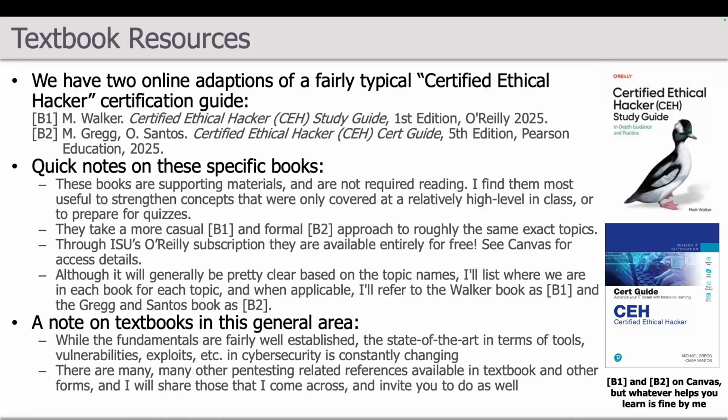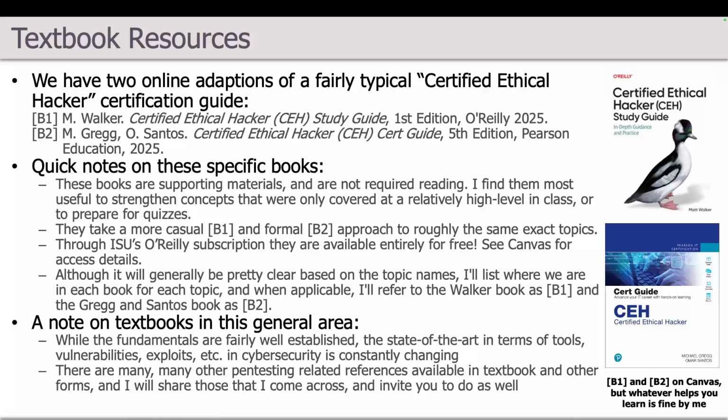There's probably 24 different books that fall into that general bucket of books. These 2 are fine. They have a couple things going for them. First off, through Iowa State's O'Reilly subscription, I write here that they're available entirely for free.